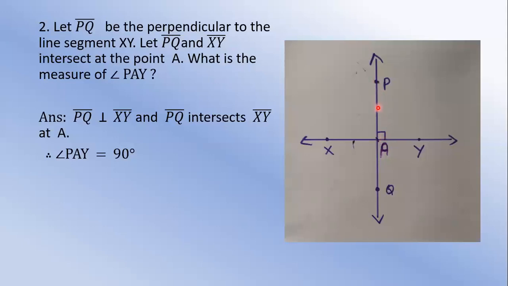Now we have to find out the measure of angle PAY. See, PAY is starting from here. PAY, this is the angle. What type of angle is it? It is a right angle. This symbol shows it is a right angle. Okay, children, right angle measure, you know, 90 degrees. Angle PAY is 90 degrees.